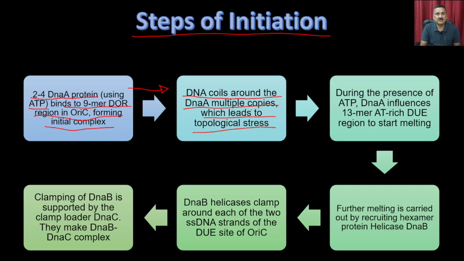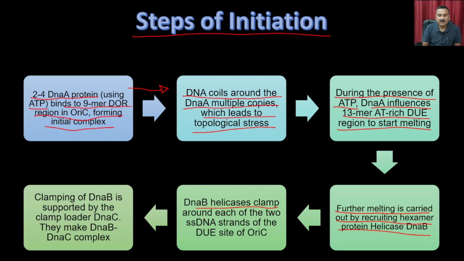Once the topological stress is generated, in the presence of ATP, the DnaA influences the 13-mer AT-rich DUE region to start melting, and once the DUE region starts melting, further melting is carried out by recruiting the hexamer protein, which is called helicase or DnaB.